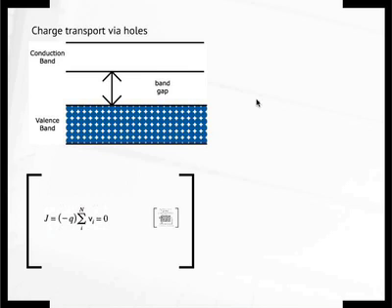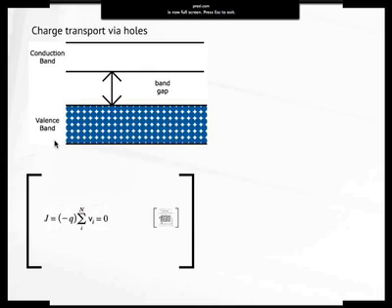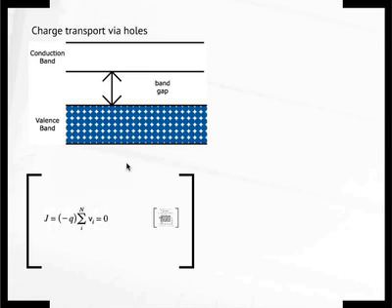Okay? So charge transport by a hole. So you have conduction band, you have valence band, as we saw before. So in this situation, there are no electrons in the conduction band, no holes in the valence band. If you want to calculate current, what would you do?